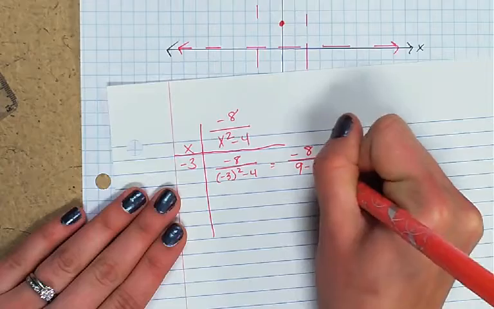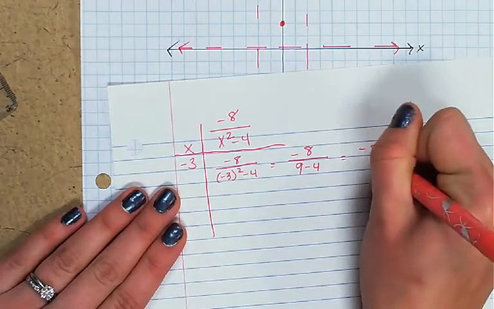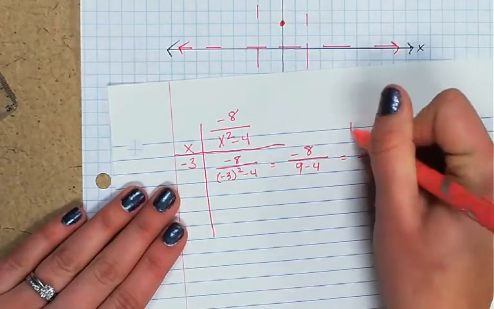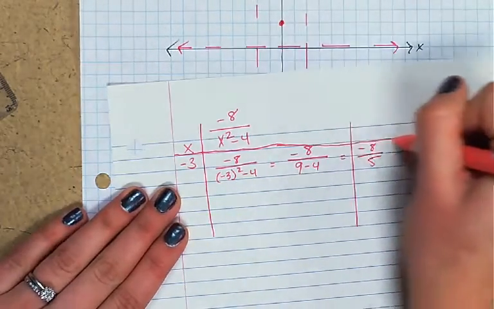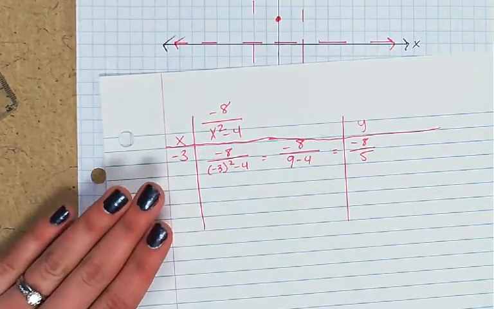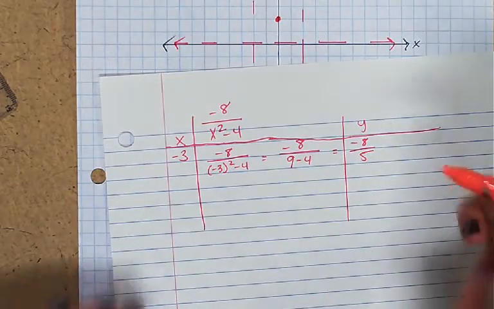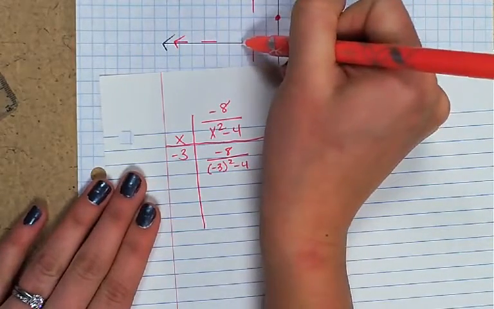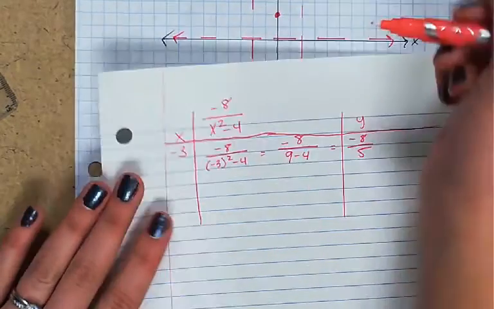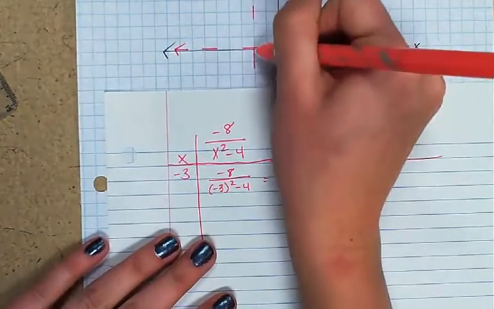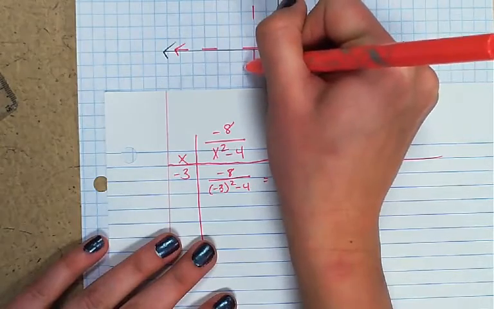That's 9 minus 4, so we get -8/5, which is about -1.6. So when I'm over here at -3, I'm down about -1.6. So left 3, down 1.6.